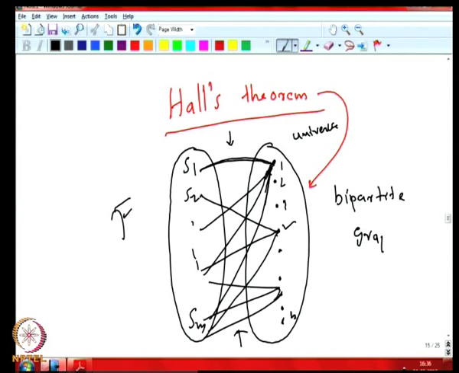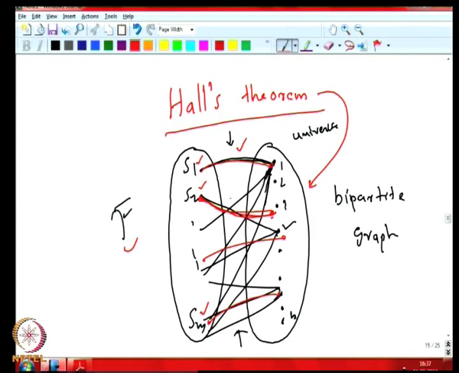So now what do we want? I want one person to be assigned to this set, one person to be assigned to that set, and so on. If some persons are not assigned to any set, it does not matter. What I want is that for each subset in F, we need a distinct representative. So if a person is assigned to one set, he should not be assigned to anybody else.